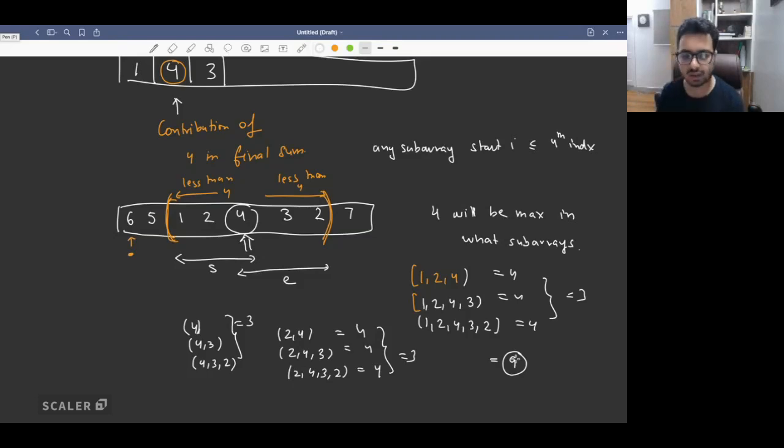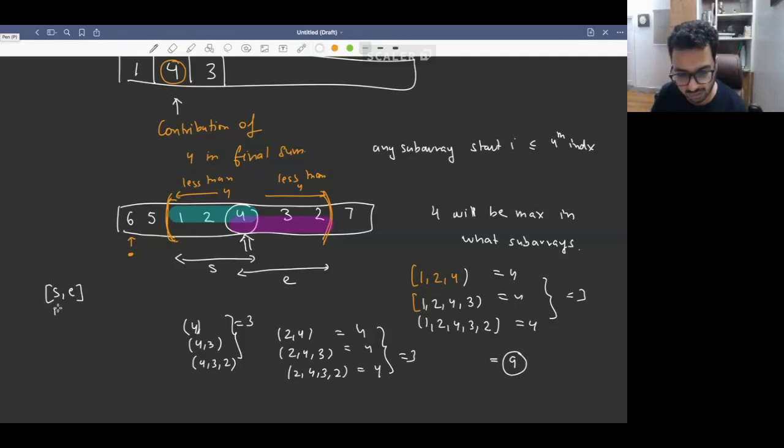Okay. So how do I decide this? Can I say it is nothing but the number of ways I can pick the starting point into the number of ways in which I can pick the ending point? What I need is a start and end such that 4 is included.